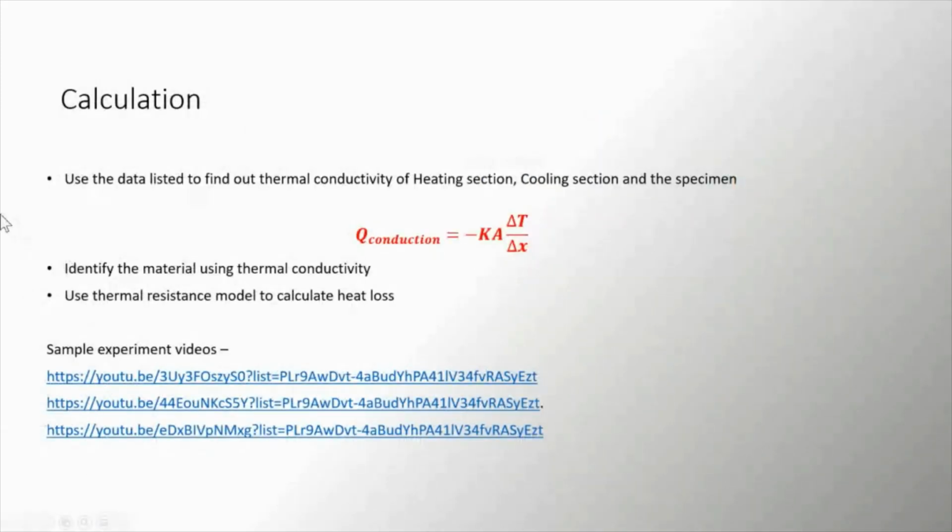All right, so these are the sample experiment videos. You have to go through them, and this is the equation that you have to use.